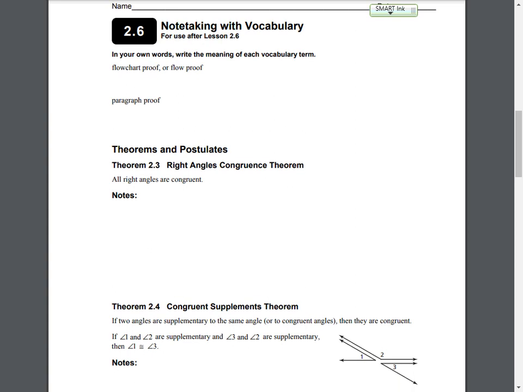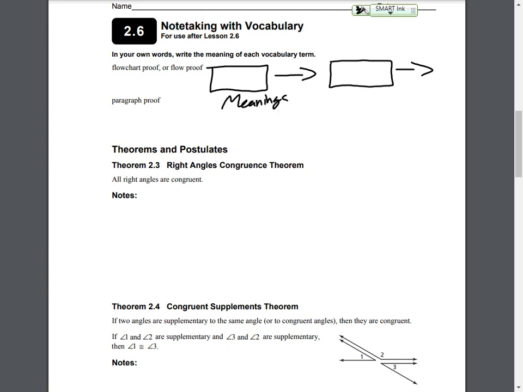In your own words, write the meaning of each vocabulary word. Flowchart proof or flow proof. Okay, I'm just going to write, because this is my words. We have a box, an arrow, a box, an arrow with basically meanings, right? That's what our flowchart proof is. We define each step, but we show it in a nice flowing manner.